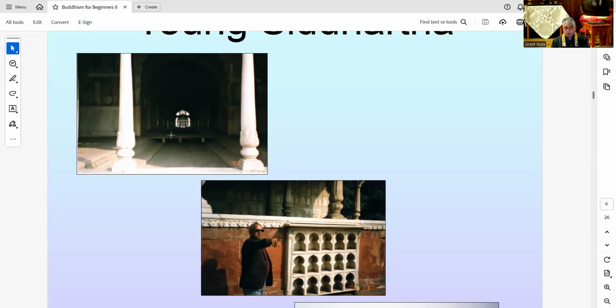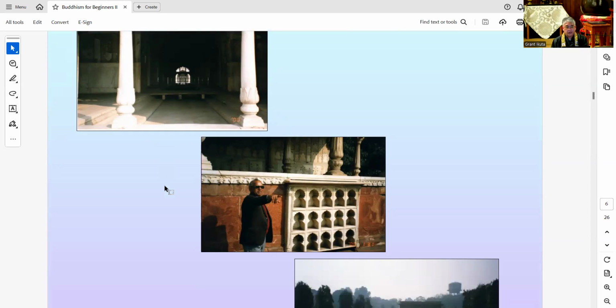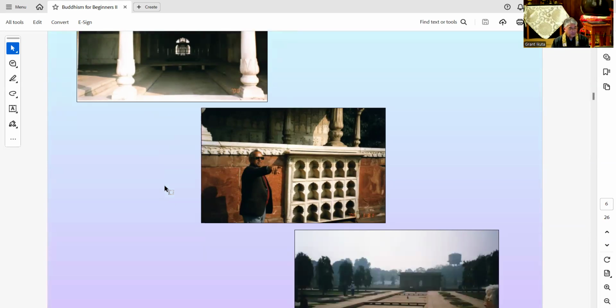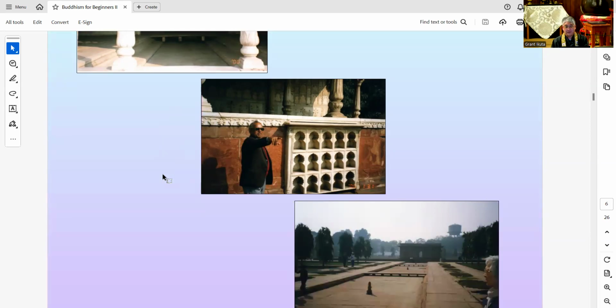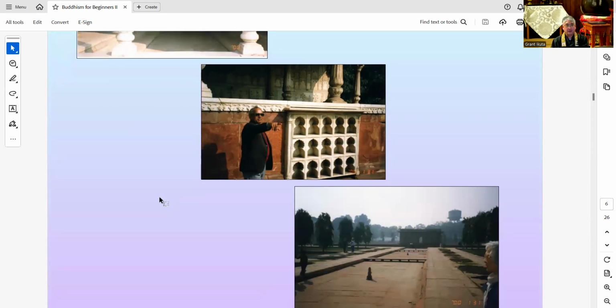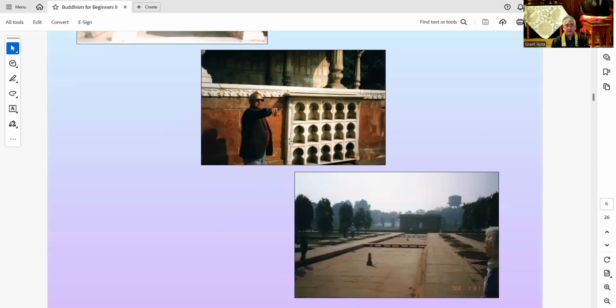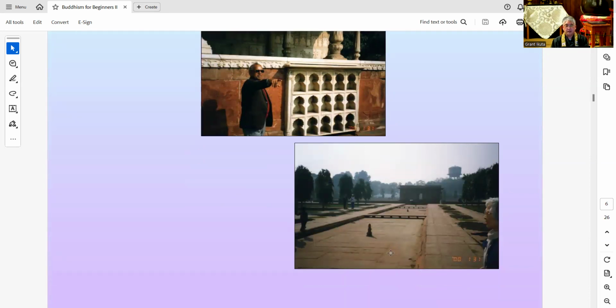But as the water runs through the palace, it dissipates the heat because the cool water takes away the heat. So that was their version of air conditioning. Of course, nothing compared to what we have today, but back then that was quite the feat. And this waterway would then continue on down the way.